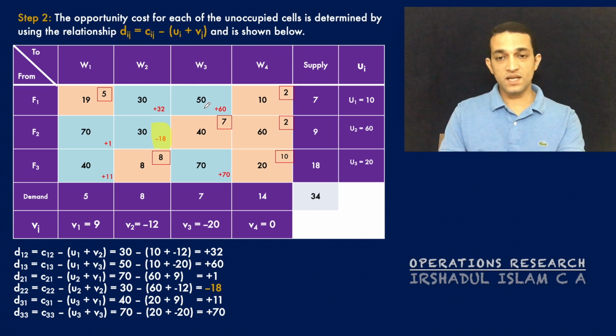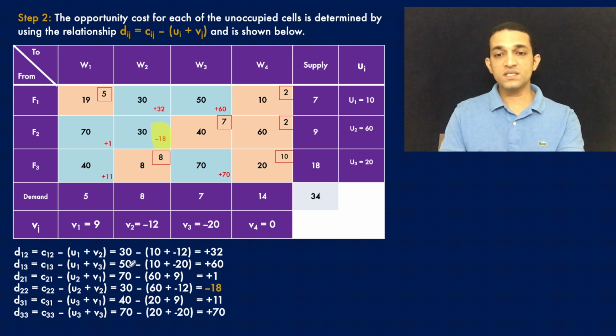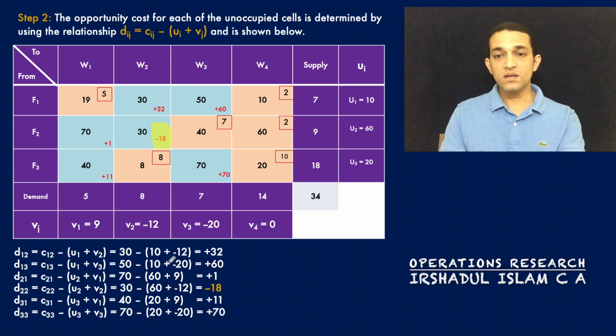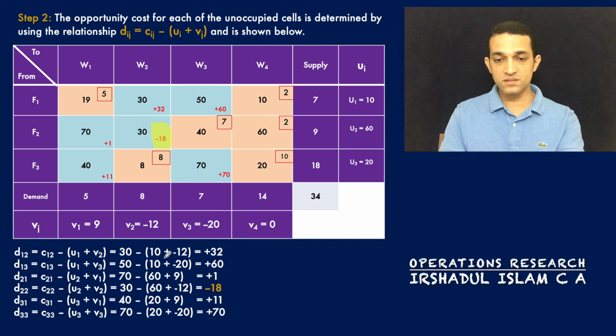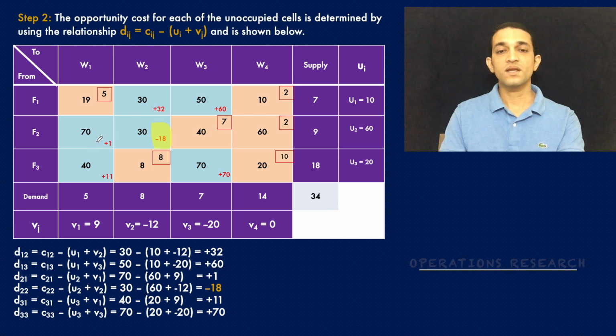This is the value that we have put here in a separate way. And for this cell, d13 equal to c13 minus (u1 plus v3), that is 50 minus, here the u1 value is 10 and the v3 value is minus 20, 10 plus minus 20 equal to minus 10, 50 minus minus 10 equal to plus 60. So that is also marked here.